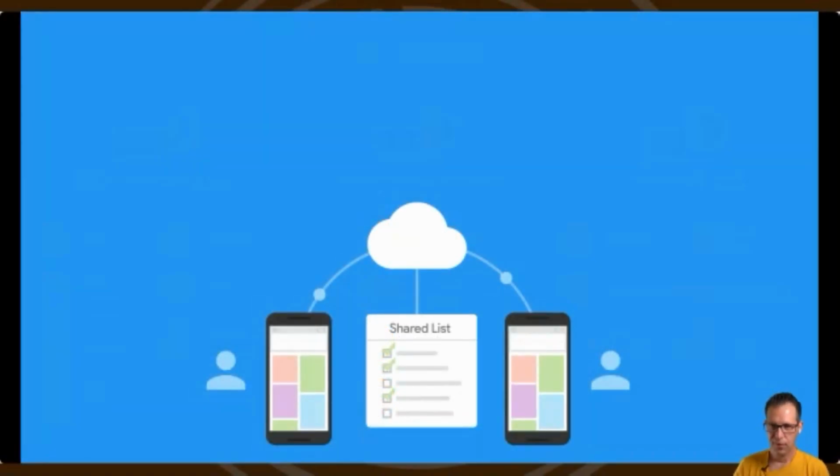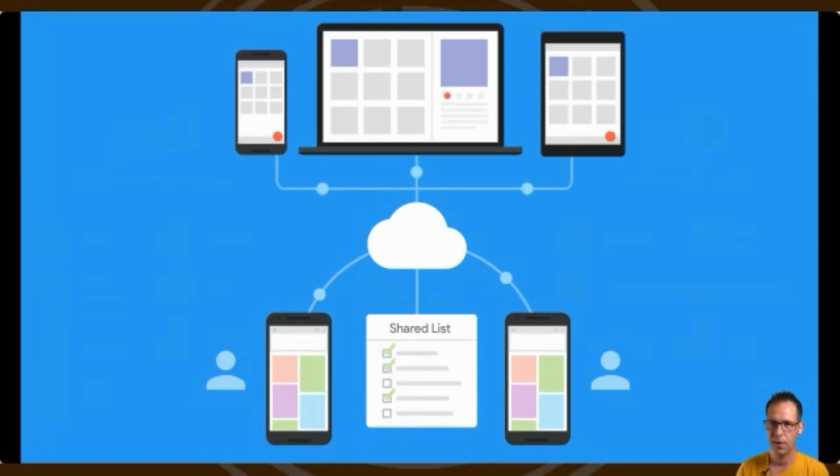And so the question is, why would you want to use something like Cloud Firestore? In many applications, you want to share data between multiple devices. For example, you might have a to-do list and you want to share data between multiple devices or between multiple users. And this is what Cloud Firestore gives you.